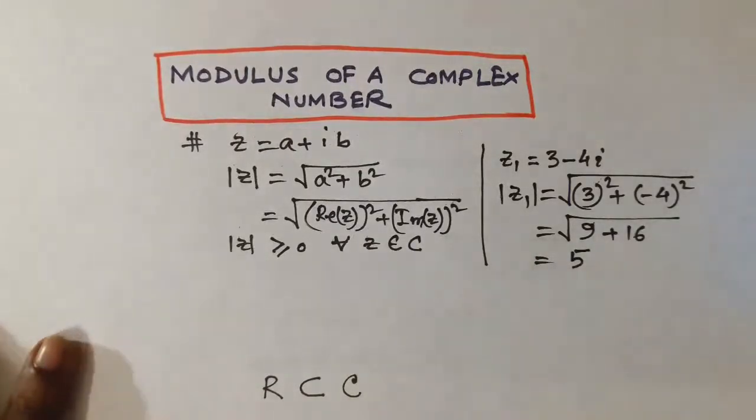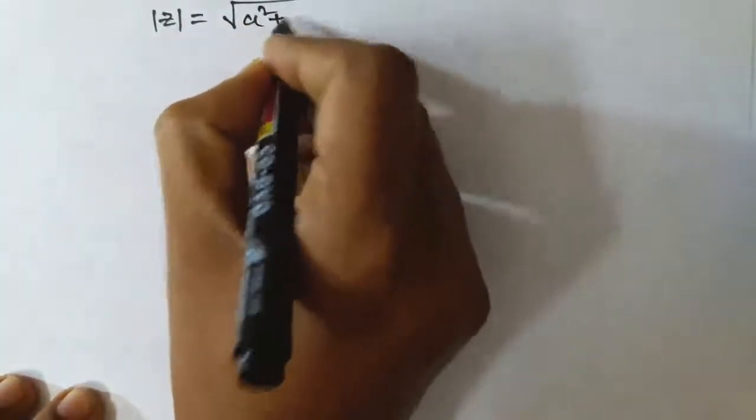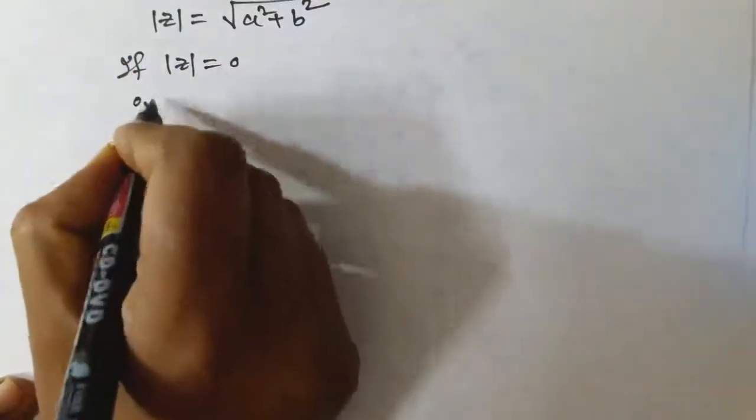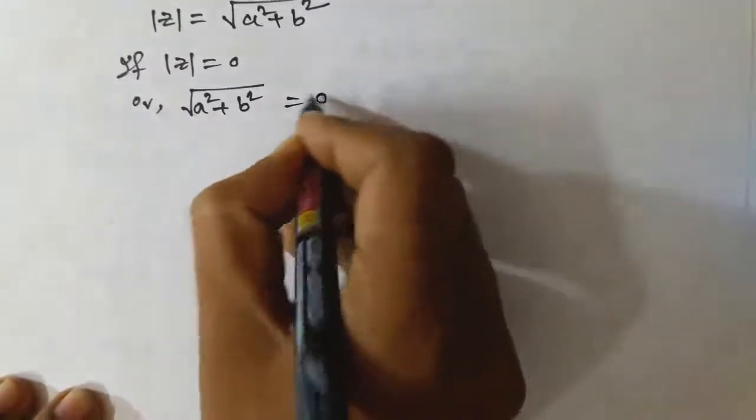So now we shall use some properties of the modulus and conjugates. We have, say, z is equal to a plus ib. Mod z is equal to root over of a square plus b square. Now if mod z is equal to 0, then we can write root over of a square plus b square is equal to 0.